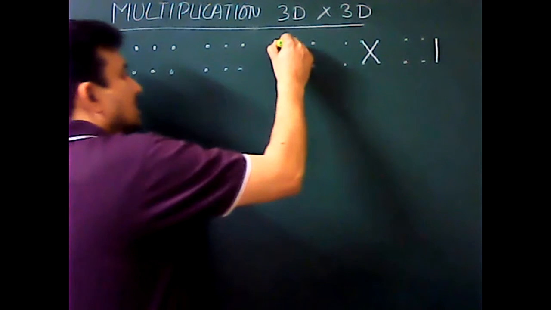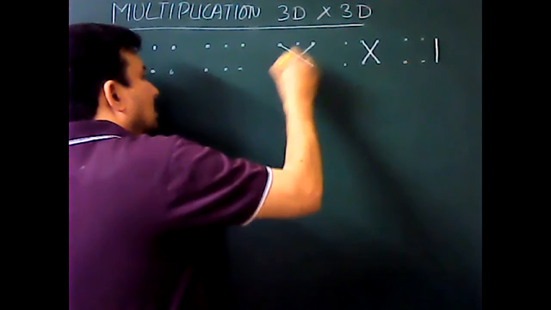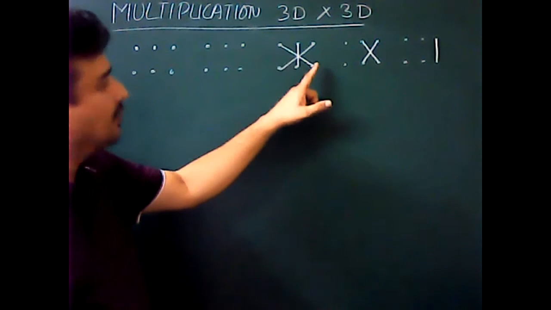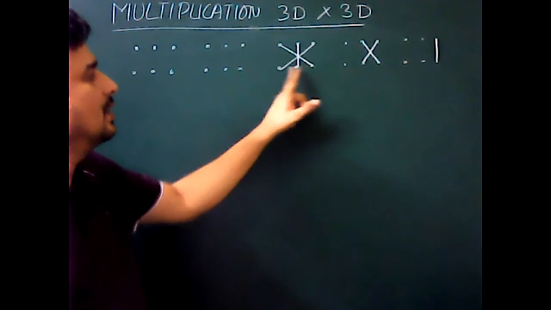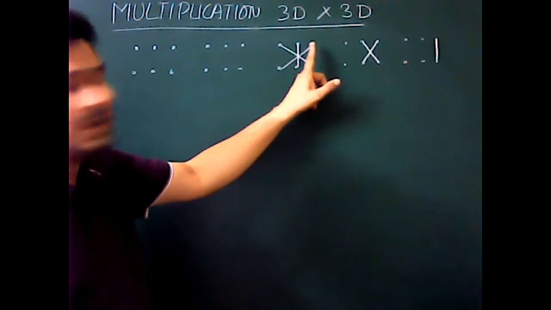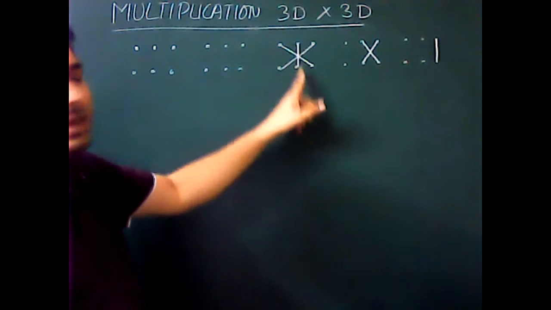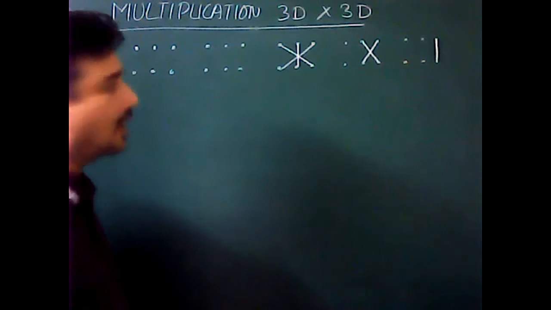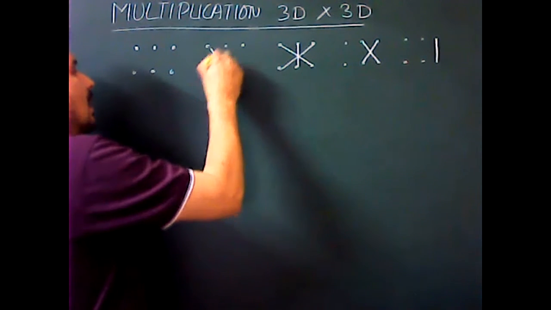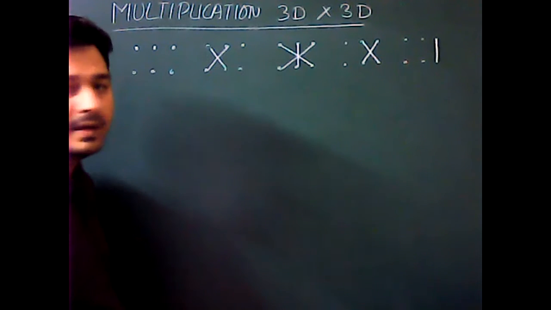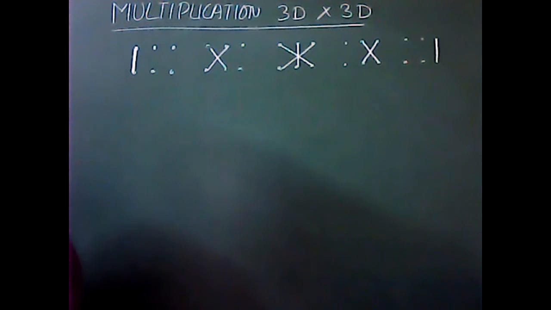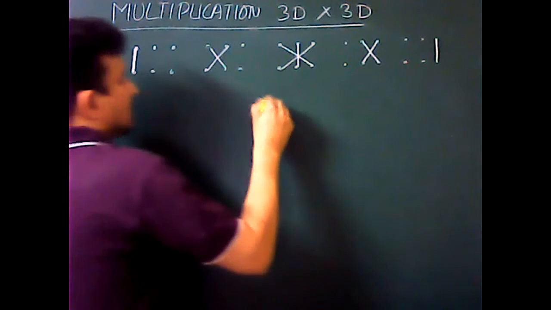The third says multiply 100 digit of first number with units digit of second number, 100 digit of second number into units digit of first number and tens digit of both the numbers. After that, 100 into 10, 100 into 10. And finally, these two. So let's take an example.